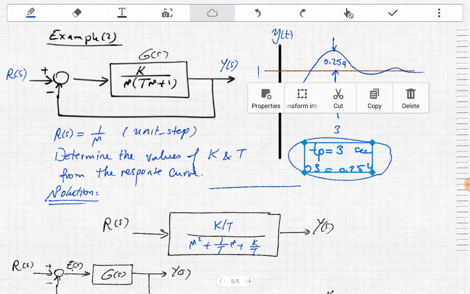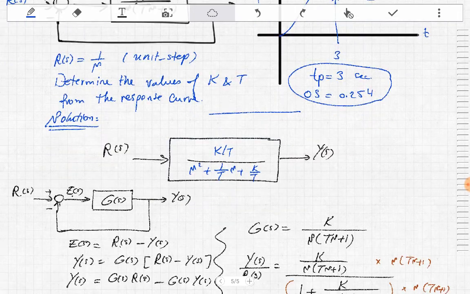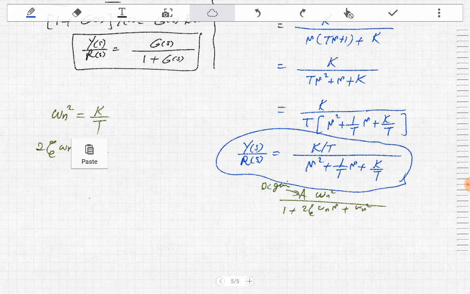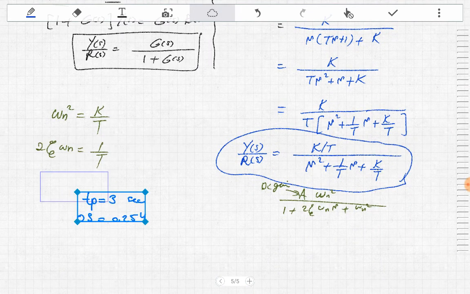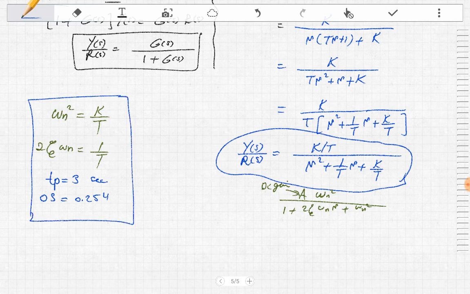This is a very good problem. It's not direct. The response gave me the information about the peak time, the rise time, everything. So let me just copy it here. That's what you got. The problem is going to be solved using this box.